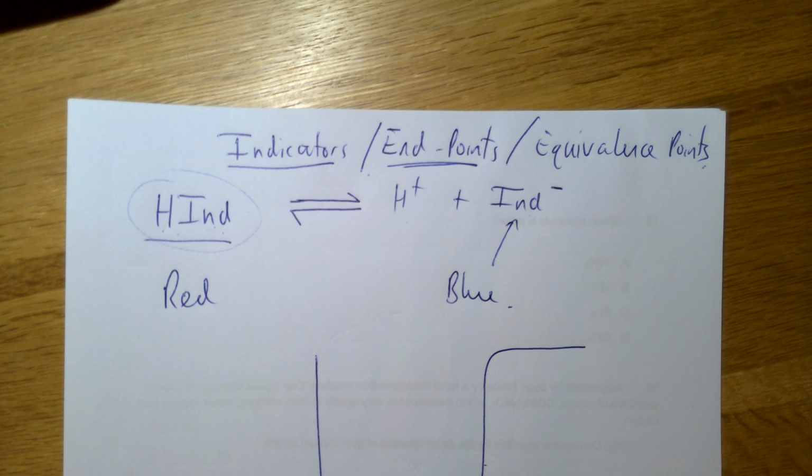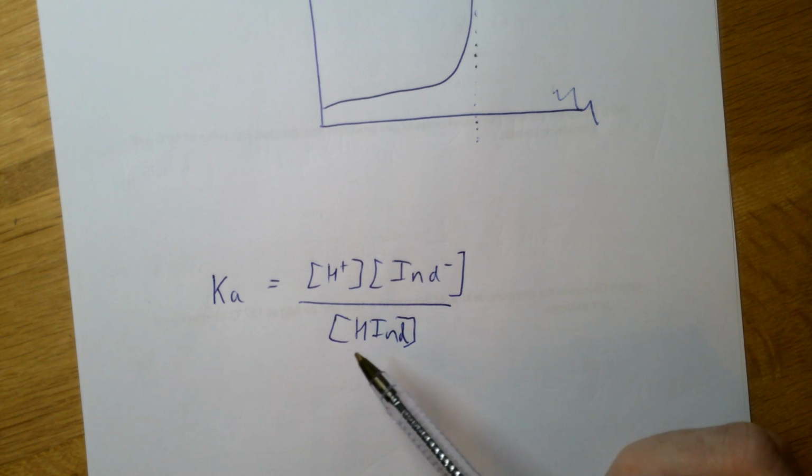But you certainly need to be clear on the idea that the pH of the end point of an indicator, i.e. the point at which it changes colour, say from red to blue or blue to red, is approximately equal to the pKa value of that indicator. Now let's think about that for a second. So here we are.